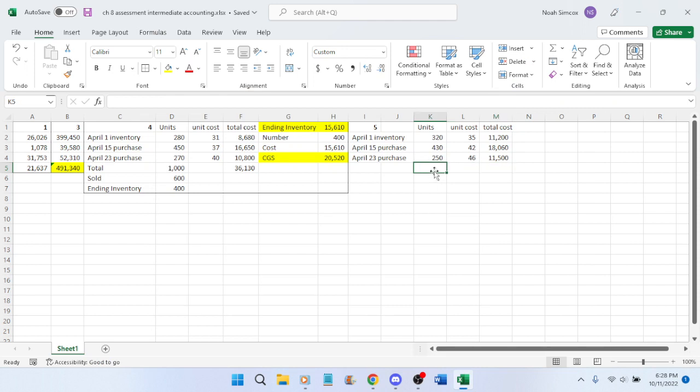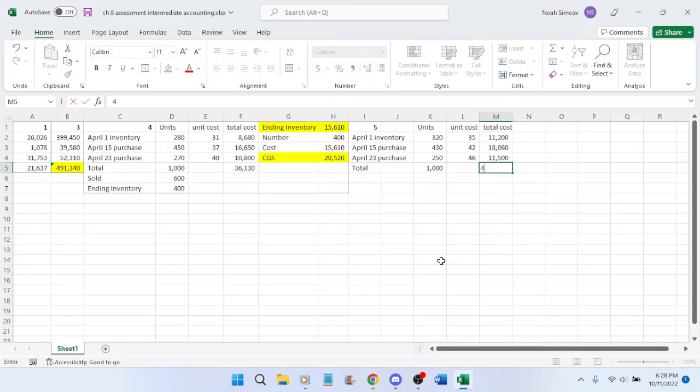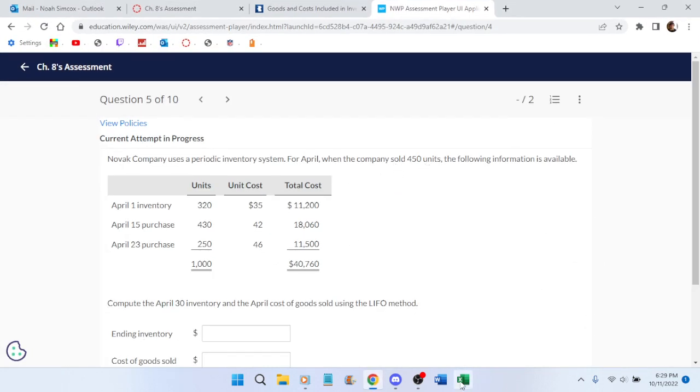They already have a total there. 4760. Okay. And it says that they sold 450 units.